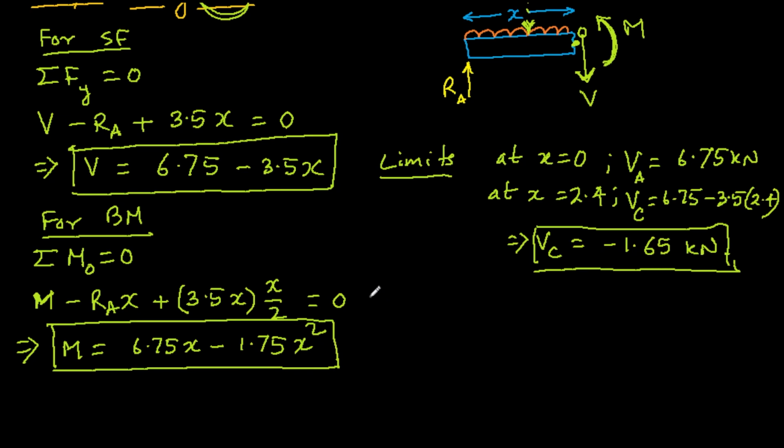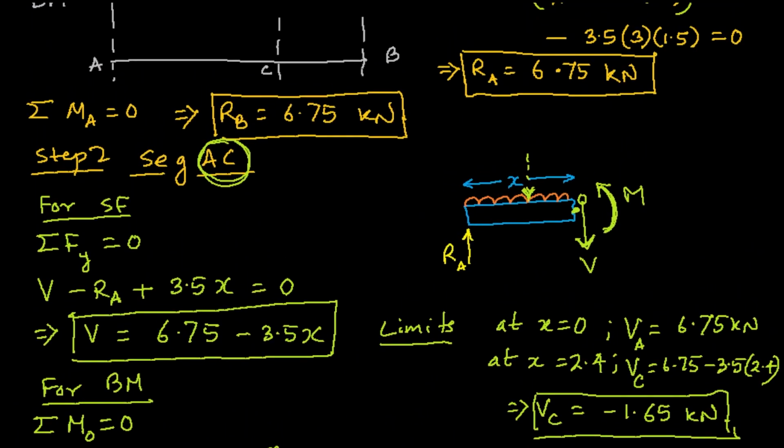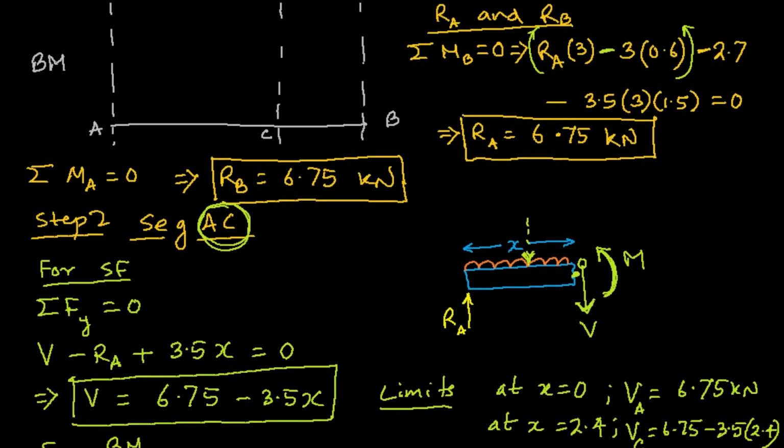Now, so then again we have to find out some limits. Okay, so at x is equal to 0, what's the moment? So M at A is equal to 0. Fine. Then what happens at x is equal to 2.4, right?